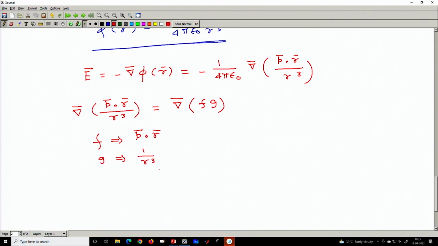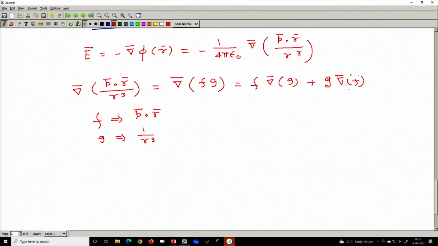Now, the rest is straightforward, because you know how to deal with this expression. This is nothing but f gradient of g plus g gradient of f.